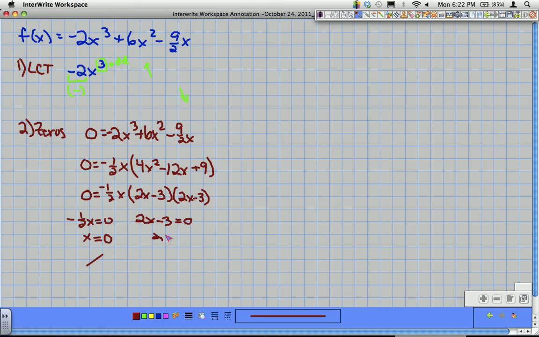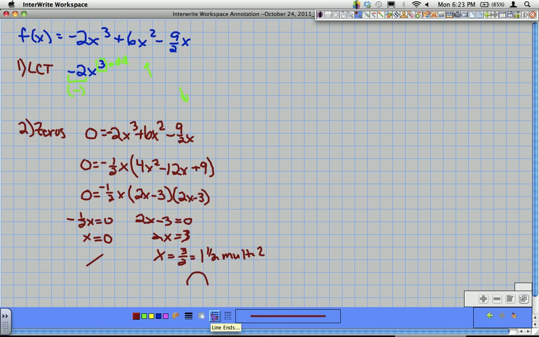Add 3, divide by 2, and I get 3/2, or 1.5. Since this happened twice, it's a multiplicity of 2. Remember, 2 was our touch and turn, just like second power.